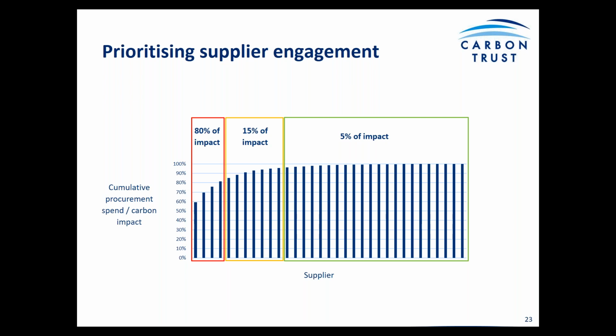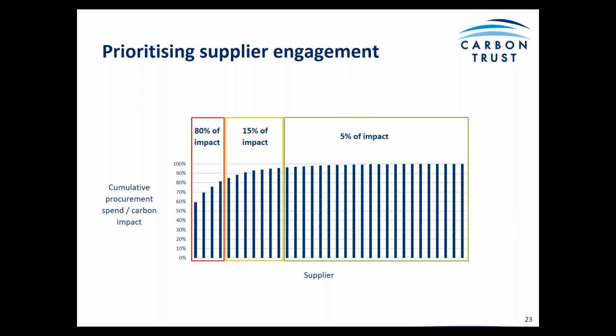We can convert a company's procurement spend into carbon impact quite simply, and it's a quick exercise that allows them to prioritize the supplier engagement programs, just looking at which suppliers have the largest impact on their carbon emissions. We see here in the graph that generally about 80% of the impact is concentrated in a very small number of suppliers or sectors, and then there is a much longer tail of suppliers whose contribution is much smaller.